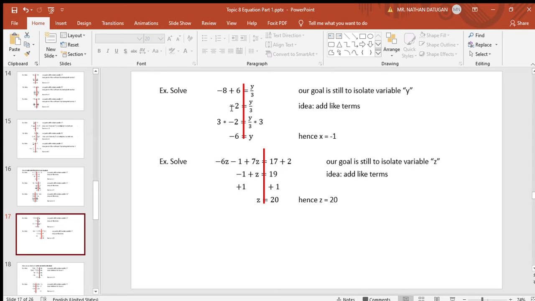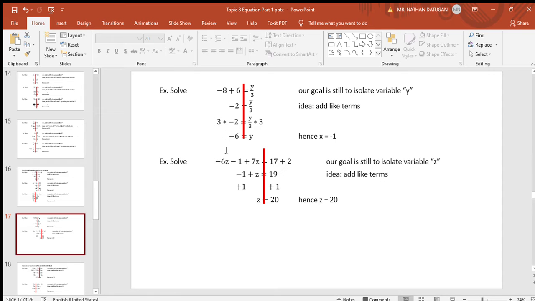So now we have negative 2 is equal to y over 3. Since our goal is to isolate y, we have to get rid of that 3. So we multiply both sides by 3. 3 times negative 2 is negative 6, and y over 3 times 3 is simply y.